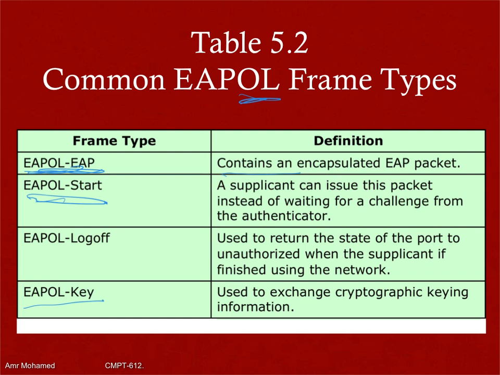This is the ultimate objective we're seeking: a key at the data link layer level, because this is access control security. If authentication is successful, the device gets a key, and this key will be used for all traffic going through this port.